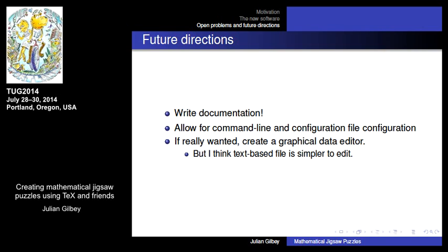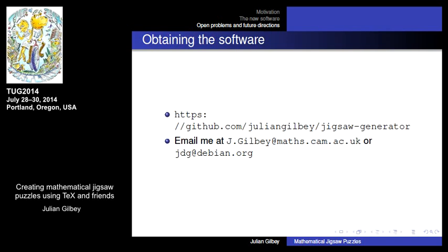And we could potentially create a graphical front end for it, but I'm not totally keen on that idea. And if you are interested in seeing where that software lives, I've got it on GitHub at the moment. My GitHub name is Julian Gilbey, and it's the only project I've got on GitHub. It's called Jigsaw Generator. If you do have ideas and suggestions, feel free to email me. But I have 5 minutes, so if anyone has ideas, I'd be delighted to hear them.